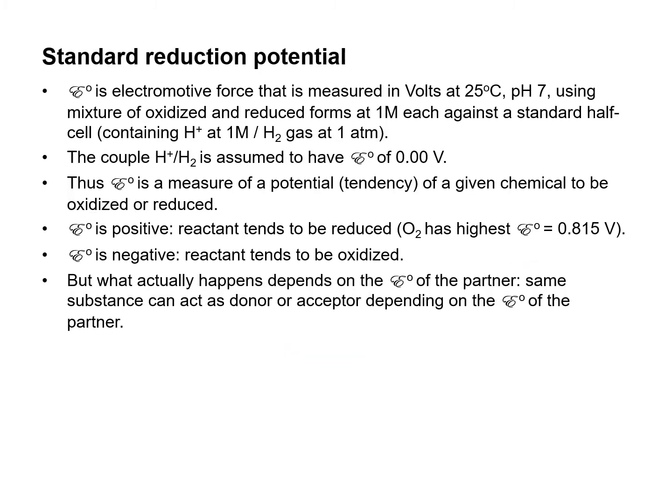Let's think about the reduction potential relative to the standard reduction potential, which is indicated as E naught here. E naught is the electromotive force measured in volts at 25 degrees C, pH 7, in aqueous solution, using a mixture of oxidized and reduced forms at 1 molar each against the standard half cell. Again, the standard half cell contains hydrogen ion at 1 molar and hydrogen gas at 1 atm, and this coupled H plus H2 standard is assumed to have an E naught of 0 volts.